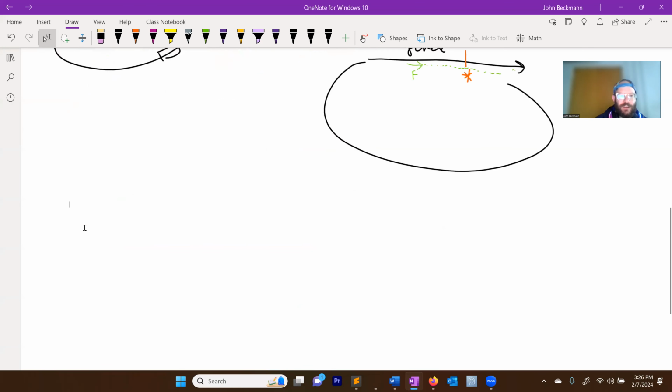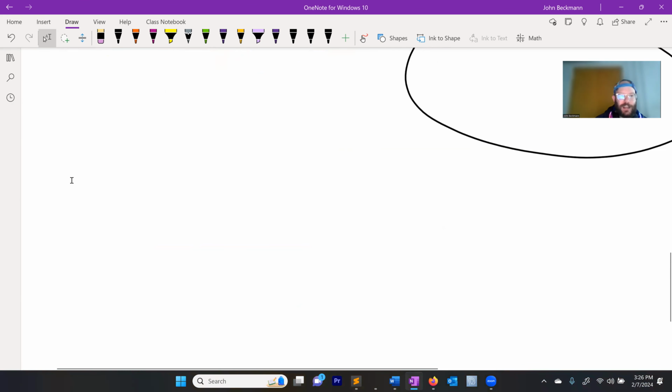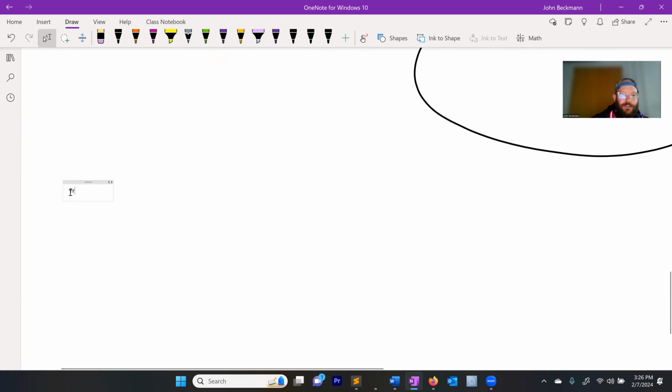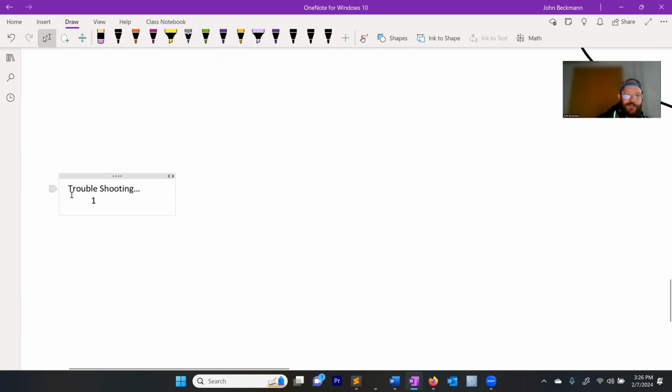I'll quickly do troubleshooting, and then I'll go into designing the primers. So, troubleshooting, things that commonly go wrong. One thing that commonly goes wrong is your plasmid backbone is too large.